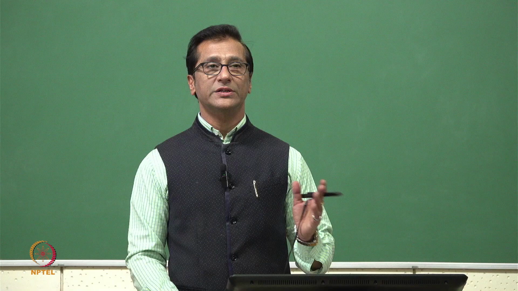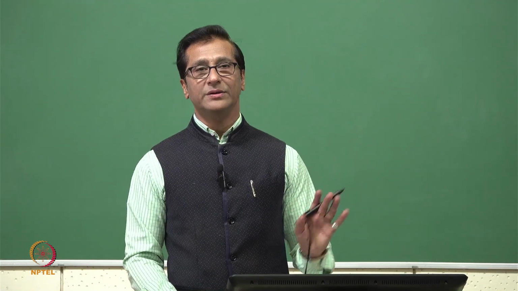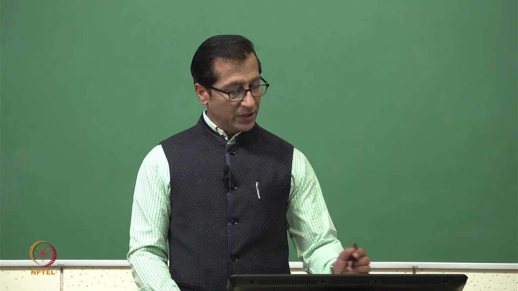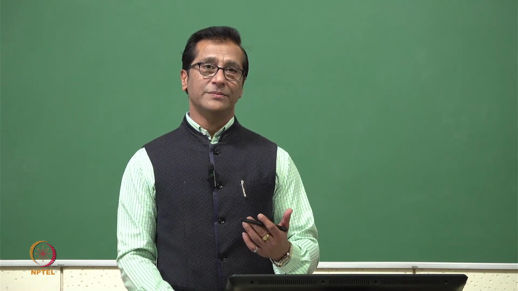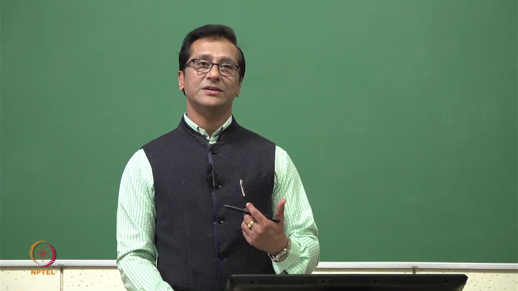If there is no liquid, no media, then the process will not be there. If we are using a more active or more reactive metal, which is less noble, then it will get corroded. I gave the example of zinc and copper. Naturally, zinc will get corroded, copper will not, the reason being that zinc is less noble compared to copper.